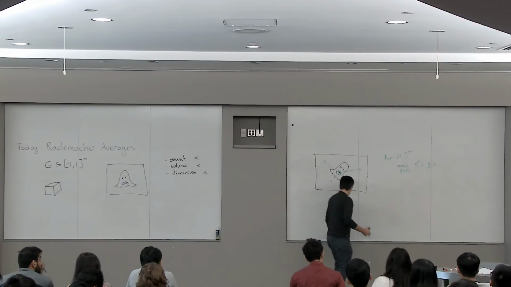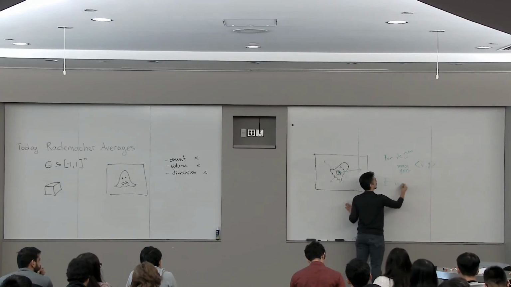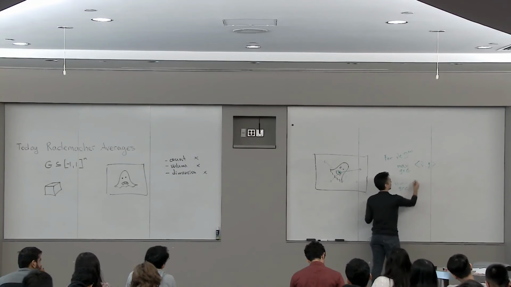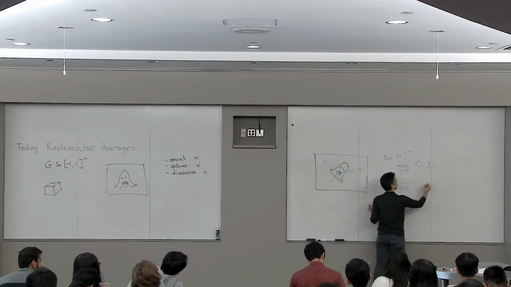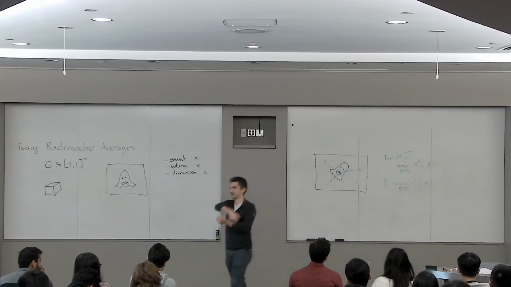But now let me average over all the directions. So on average, what is the projection? What is the average projection onto all the directions?